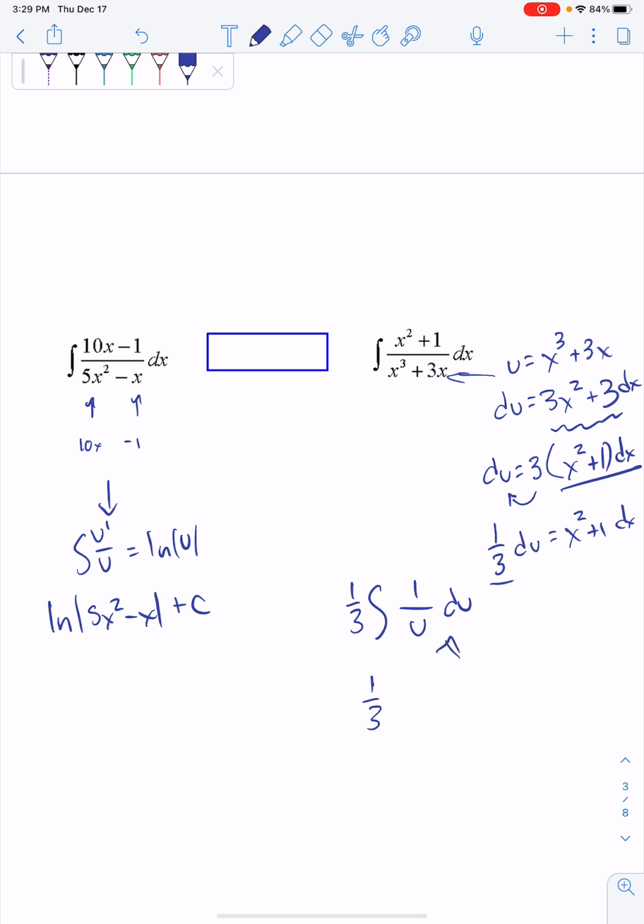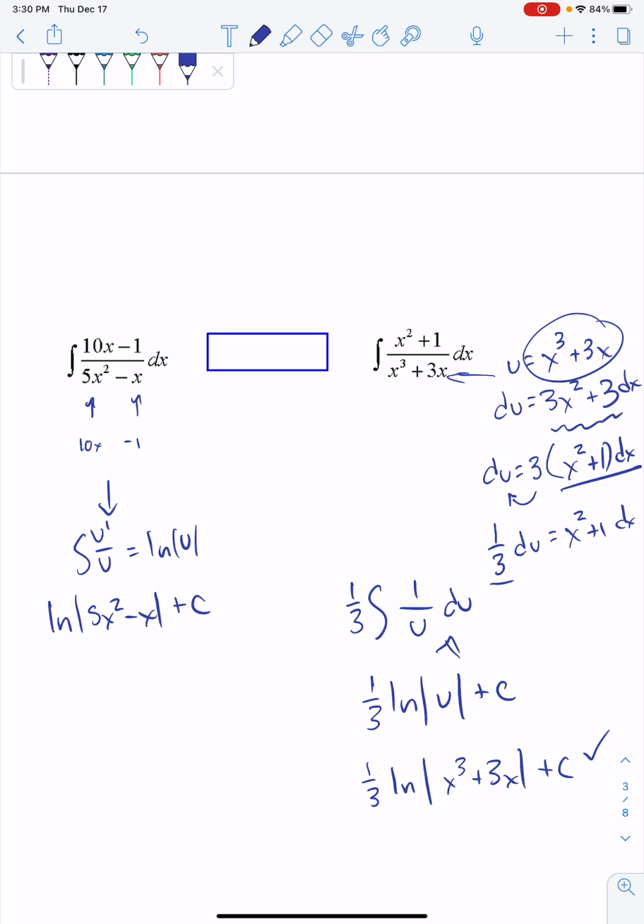So I've got 1/3 natural log absolute value of u plus c. But now I've got to plug my u back in from up here. So 1/3 natural log of x cubed plus 3x plus c. And I'm okay with that answer. That looks good to me.